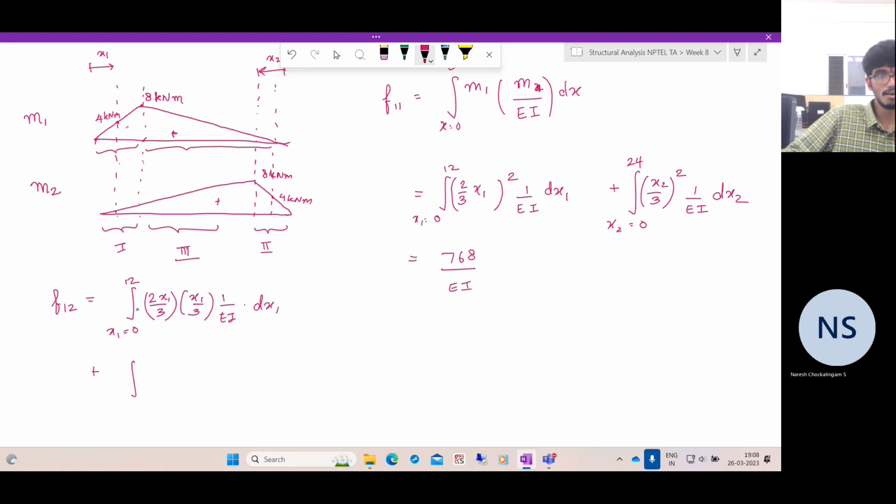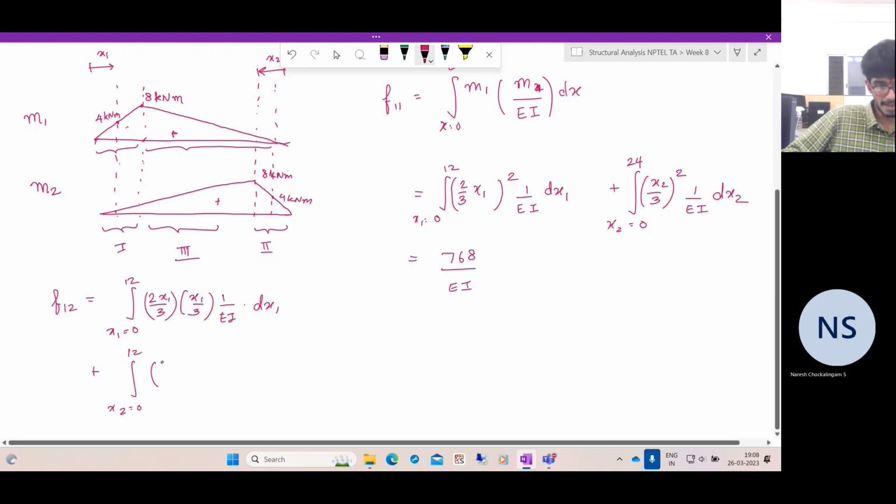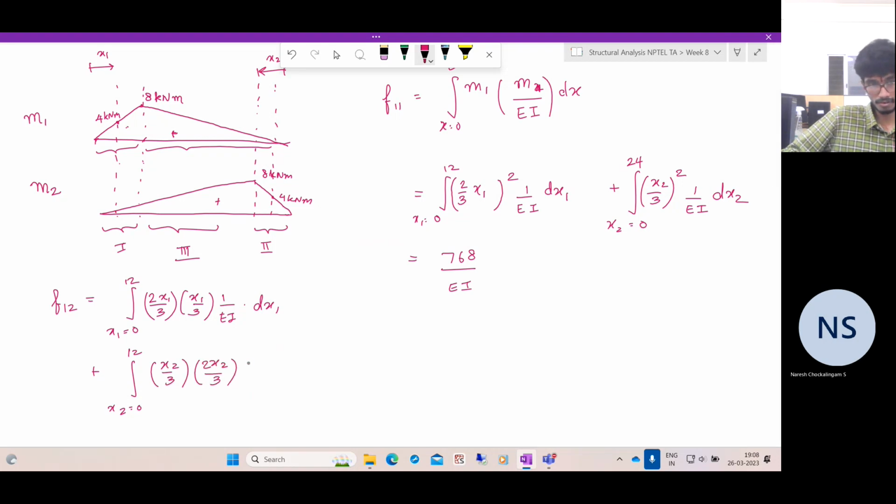In region 2, what is the difference? The integral is the same, only that M1 is M2 and M2 is M1. So in region 1, what we had for M1, you have in region 2 for M2. So in region 2, you have x2 going from 0 to 12, x2 by 3, 2x2 by 3, by EI dx2. And what do we have in region 3? We have x3 going from 0 to 12.